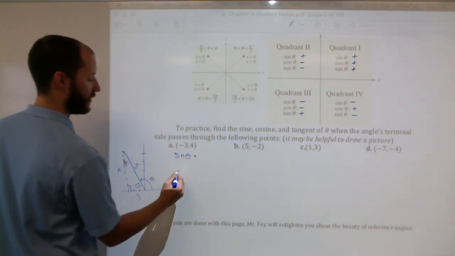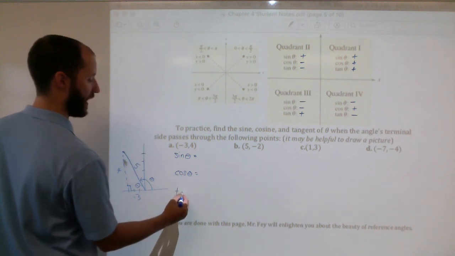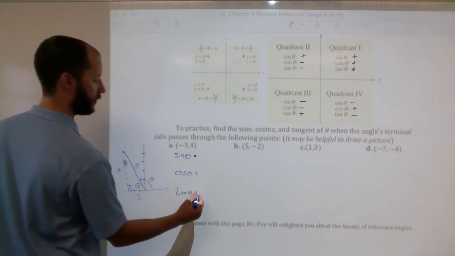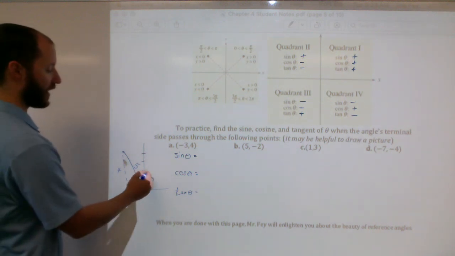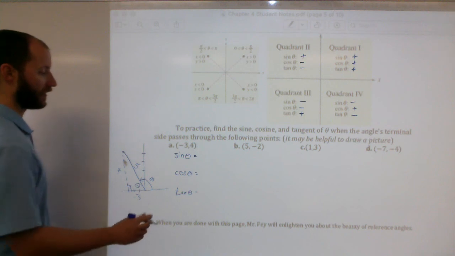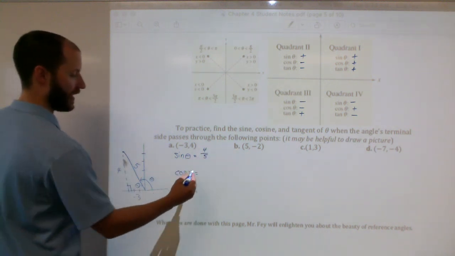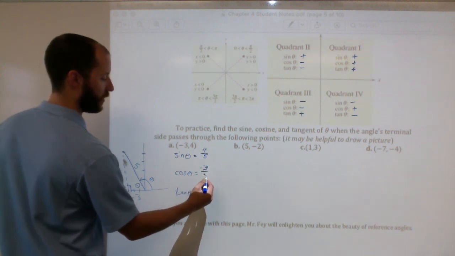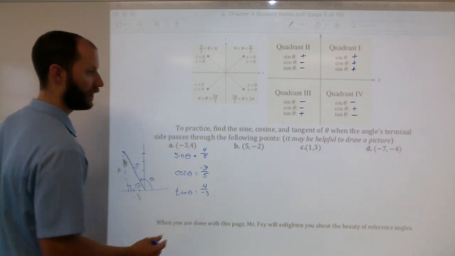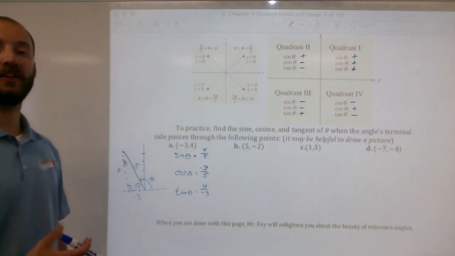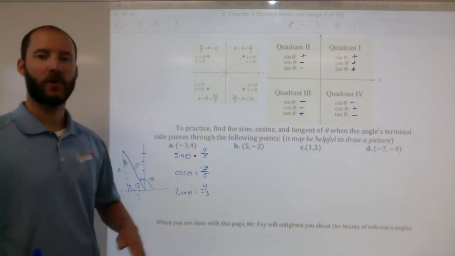So when I go to find sine of theta, I'm using a reference angle theta prime to create a reference triangle, but it'll still be the obtuse angle because the x value is negative. So sine y over r, 4 over 5, cosine x over r, -3 over 5, tangent y over x, 4 over -3. Draw the picture, label your information, just take it step by step. You won't have a problem at all.